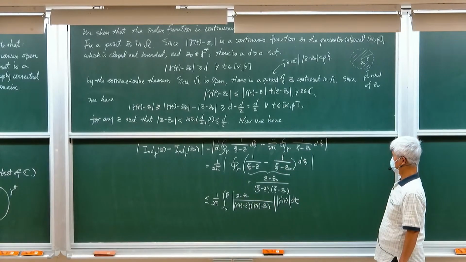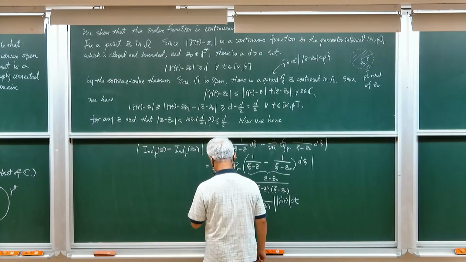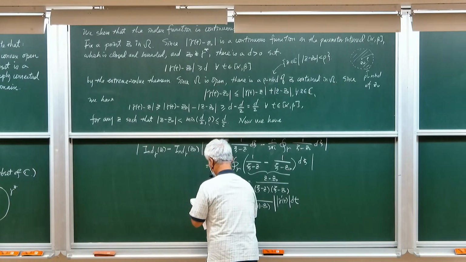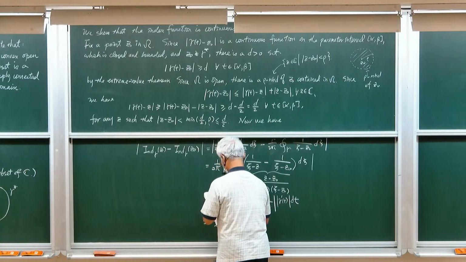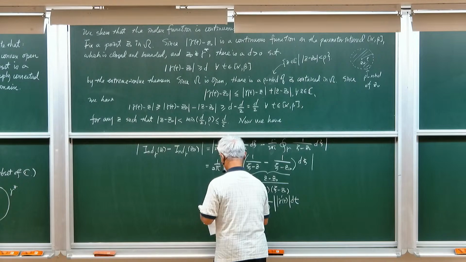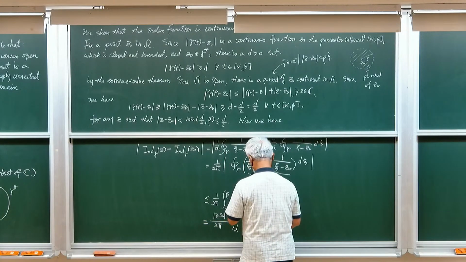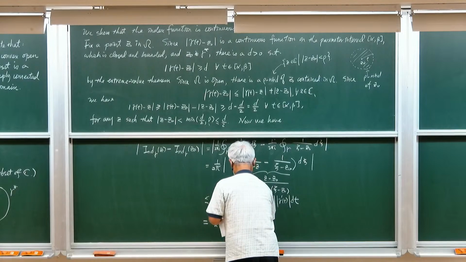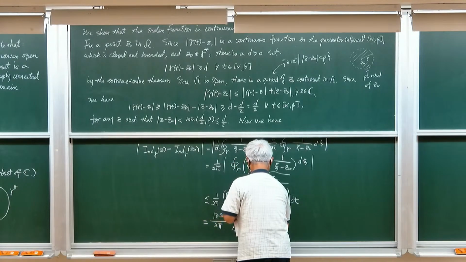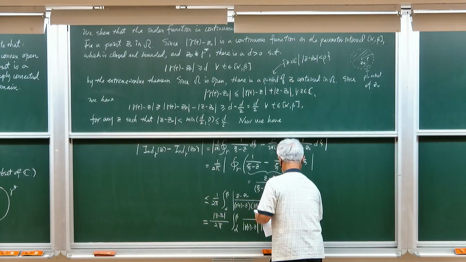So we have the upper bound here: |z - z0| over 2 pi, times the integral from alpha to beta of 1 over |gamma(t) - z| |gamma(t) - z0| times |gamma'(t)| dt.